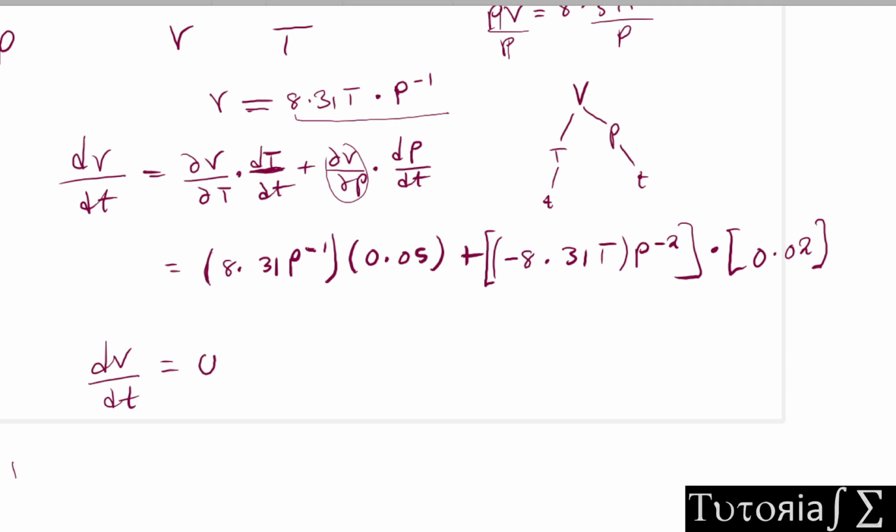That will give us 0.4155, then we have P to the negative 1 here. Then we also have minus here, minus 8.31 times 0.02. That will give us 0.1662. There is temperature here and there is pressure here to the negative 2.